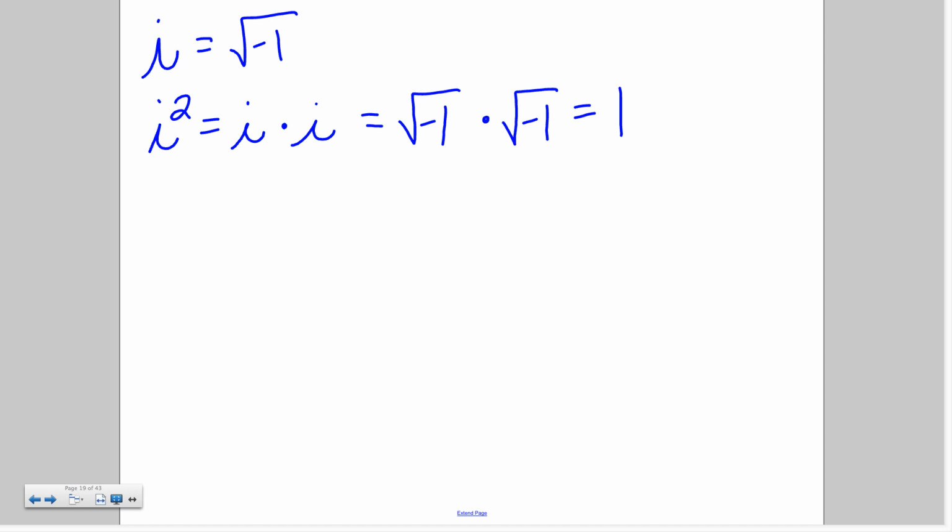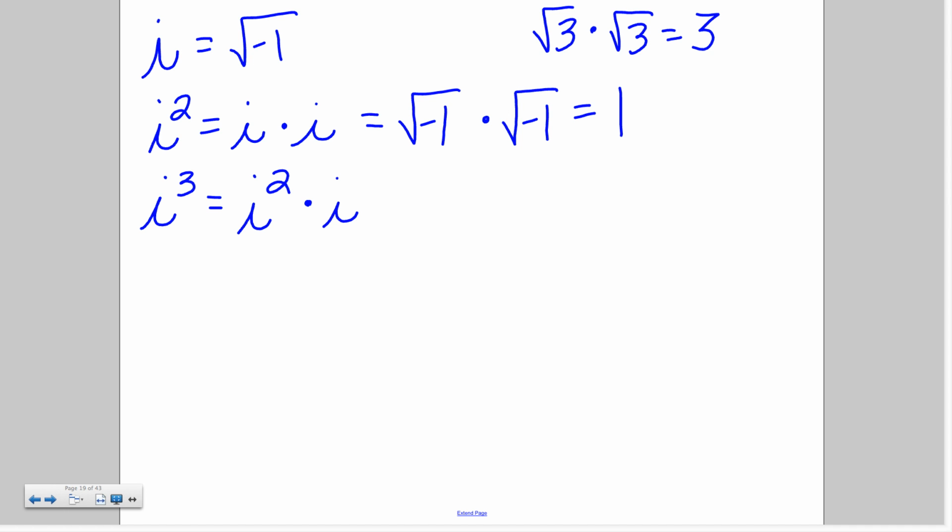So if I had, for example, the square root of 3 times the square root of 3, you basically just cancel out the square roots and you're left with 3. If I had i to the third, that would be i squared times i.